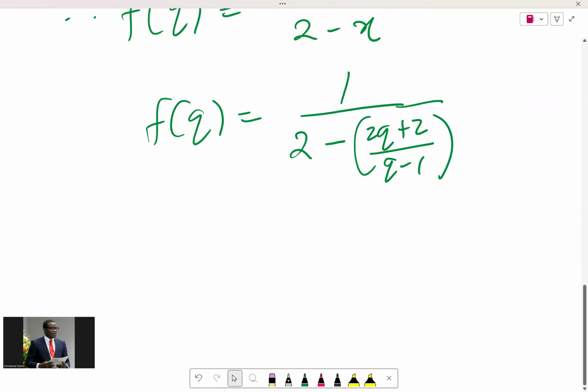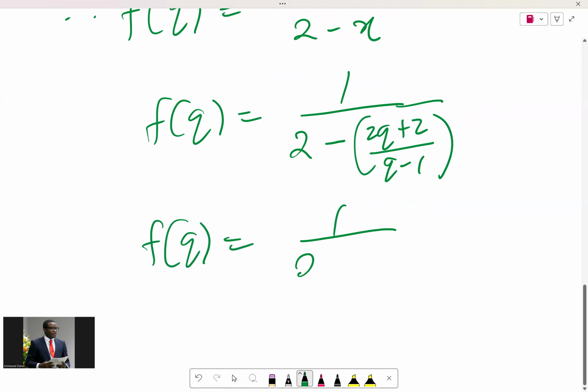So we can go ahead and evaluate. f of q is 1 over 2/1 minus (2q + 2)/(q - 1). The LCM down here is q - 1. So 1 in (q - 1) is (q - 1), then times 2. So you have 2(q - 1) minus (2q + 2) all over (q - 1).